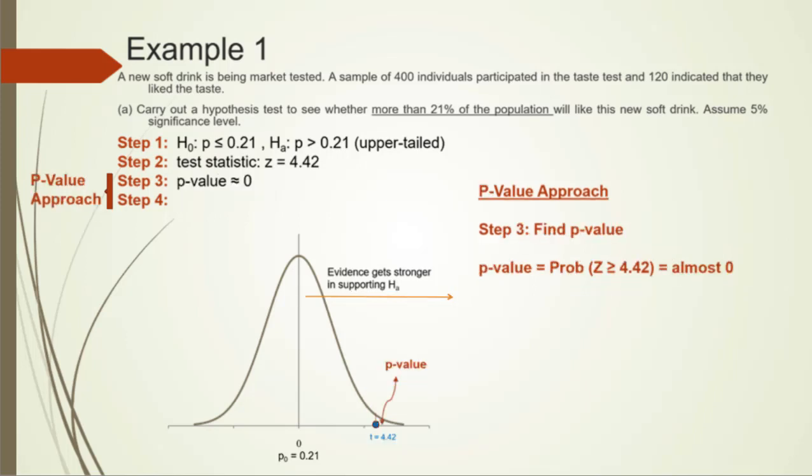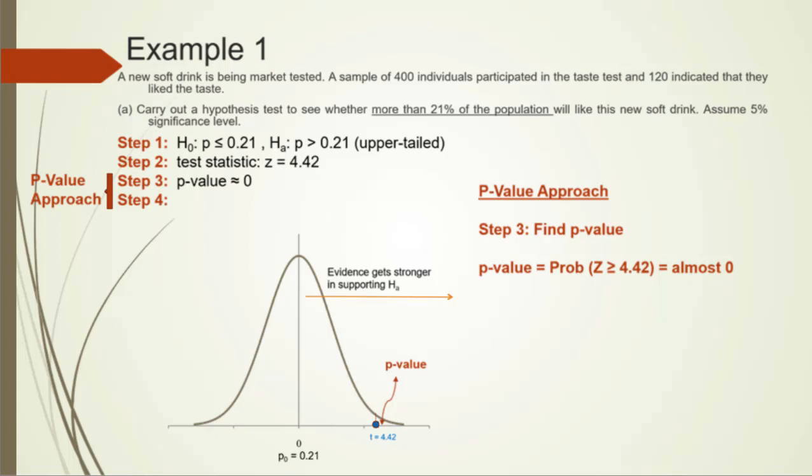Similarly, we can solve this problem using the p-value approach. Instead of finding the critical value, we would need to compute a p-value, a probability instead. For this upper-tailed test, the p-value is the upper-tailed probability of our test statistic 4.42. That is the probability to the right of 4.42.